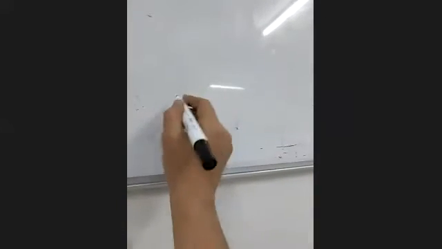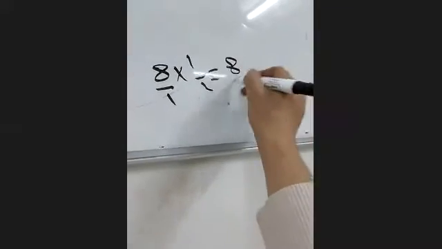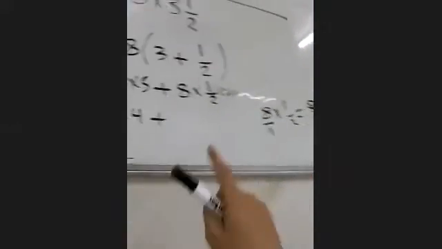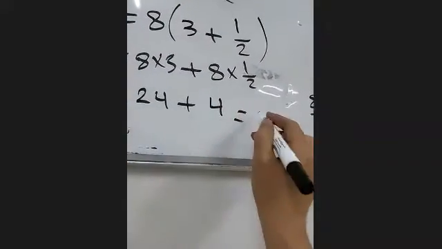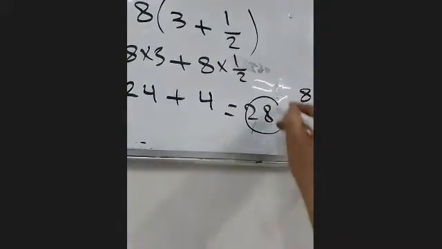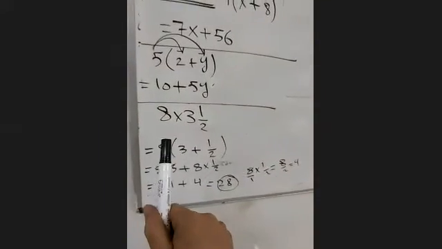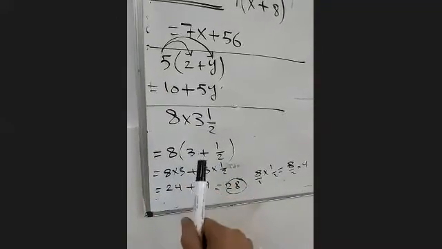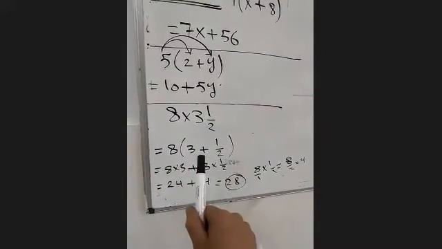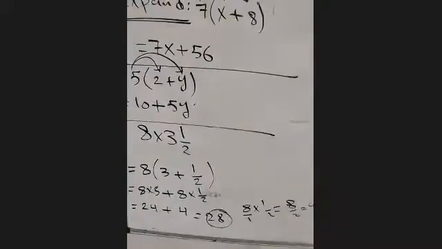Do it by the side: 8 over 1 multiply 1 over 2, 8 over 2, it is 4. Take the answer and put it here. Now 24 plus 4 is 28. This is the second idea, how we multiply a number with a mixed number. We turn the mixed number to whole and fraction and addition, then distribute, then add, finding your answer.